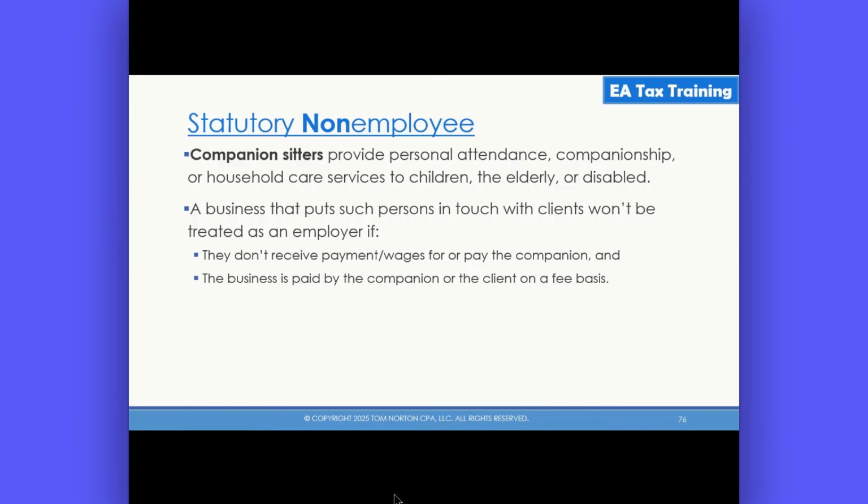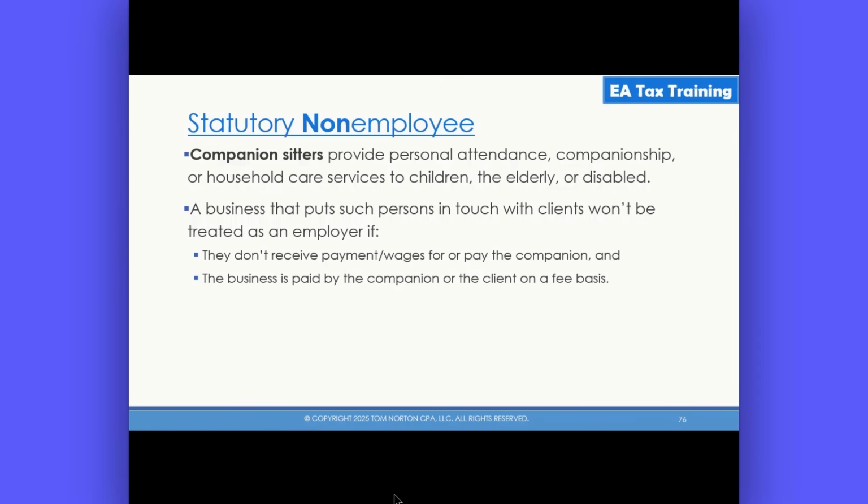Well, as long as that agency does not receive any payment or wages for or pay the companion. In other words, the agency is not the one paying the companion. It's the end client who needs the companion. They're the ones that are paying the companion. And that agency is simply being paid a fee, either by the companion or the client.